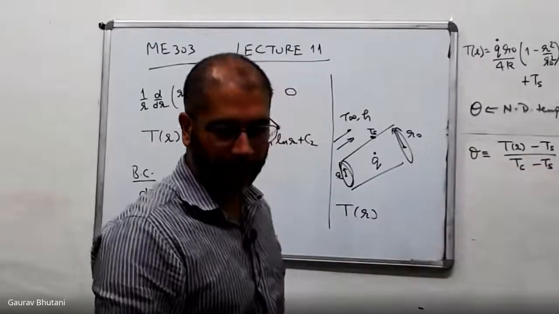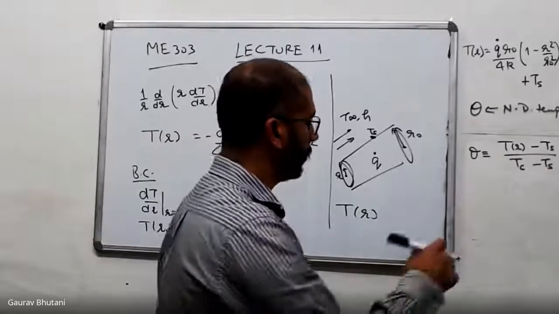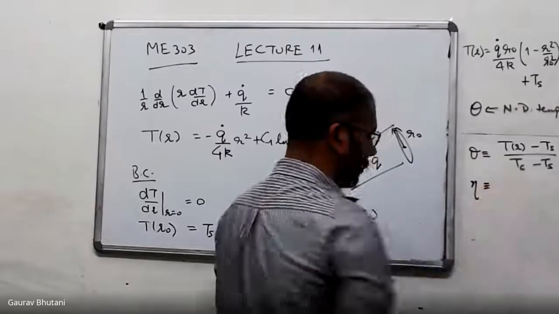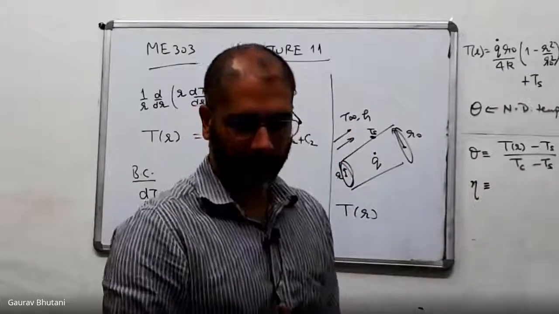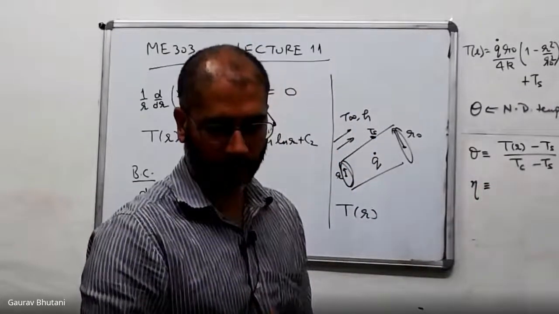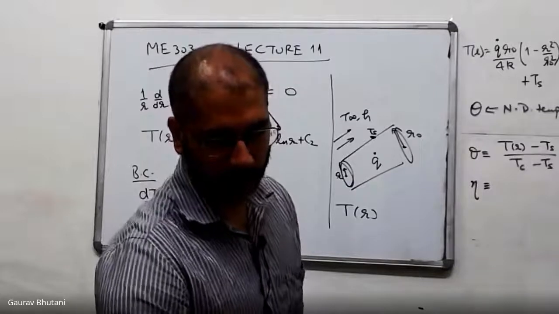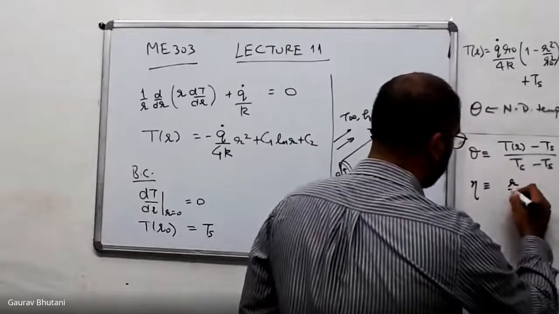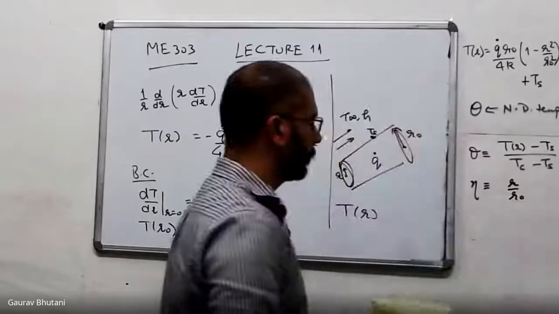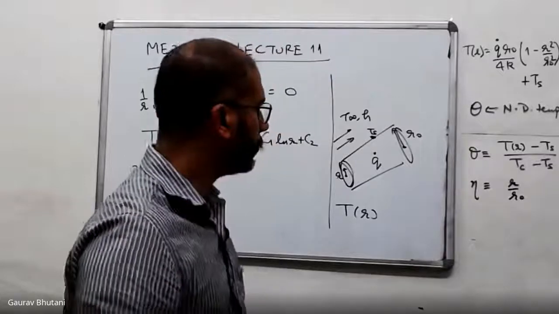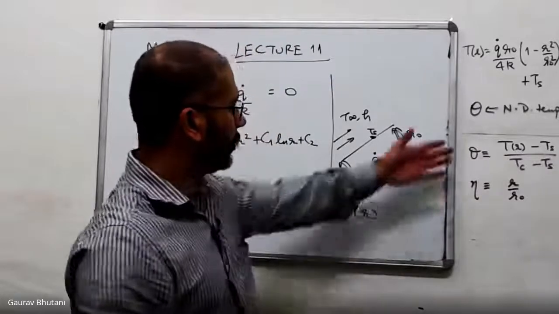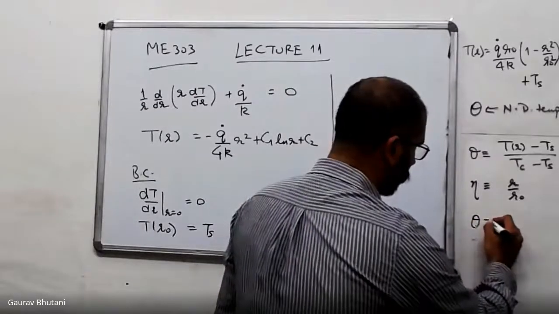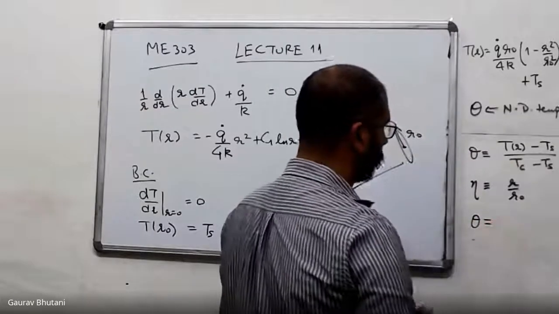And then we define a non-dimensional space coordinate as eta, and eta is defined as R upon R naught. So what we see is that if we do this, then my theta becomes a function of eta, and the functional form becomes simpler than what we have here.